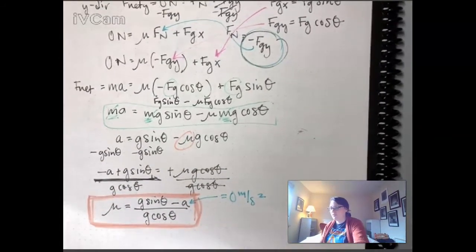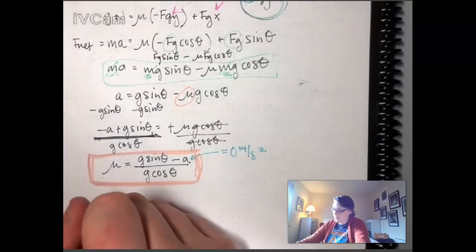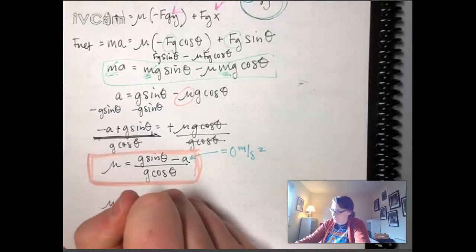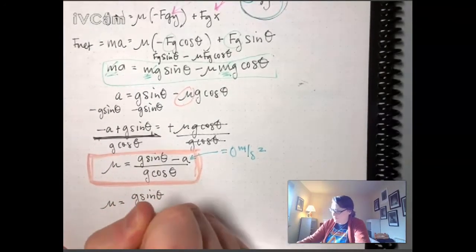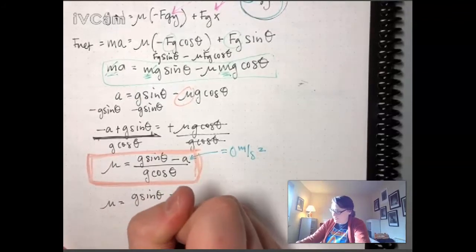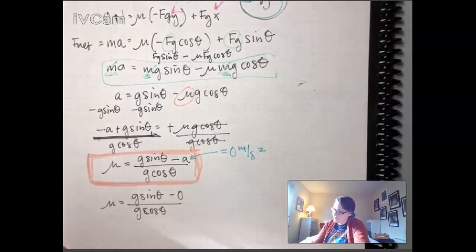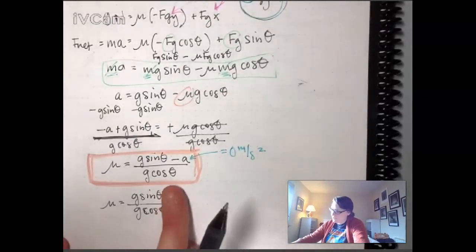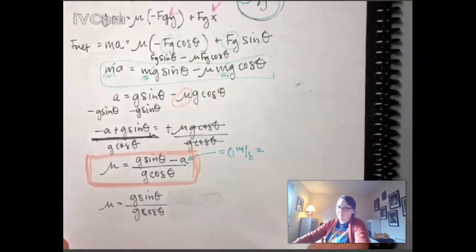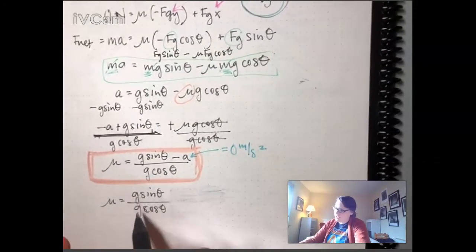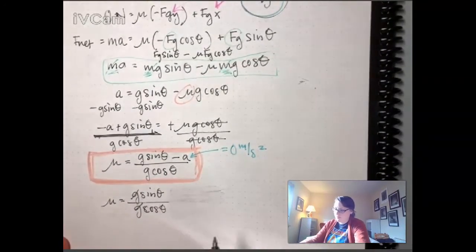So when we follow through with our particular situation in this lab, I've got g sine theta minus 0. Awesome. G cosine theta. So that just goes away. Now I've got g divided by g. That just goes away.